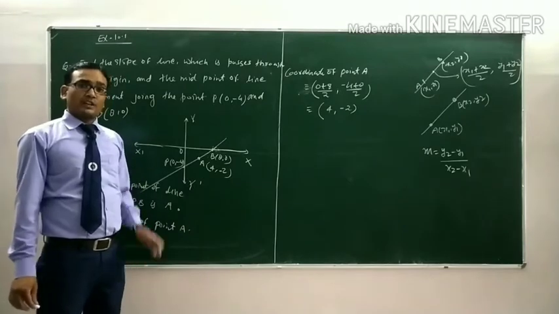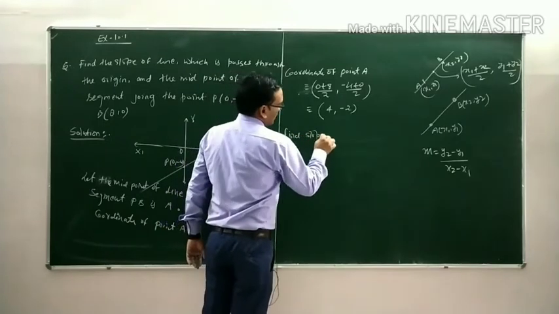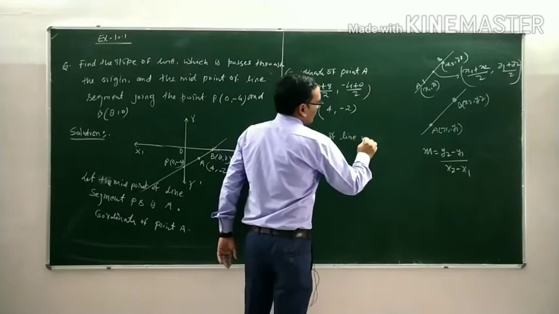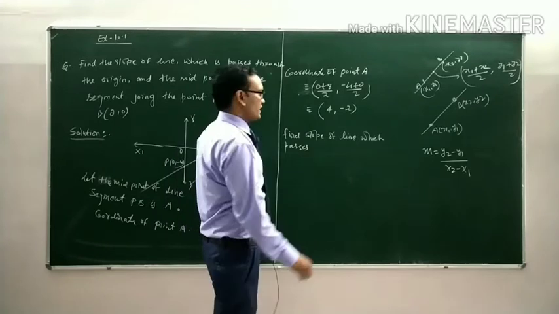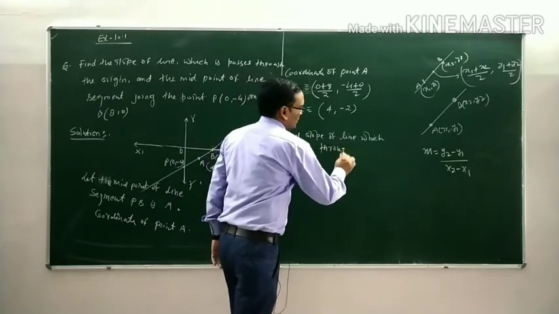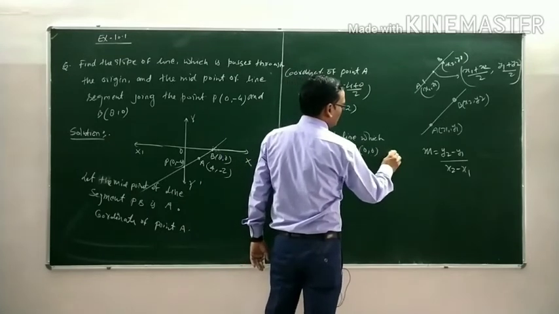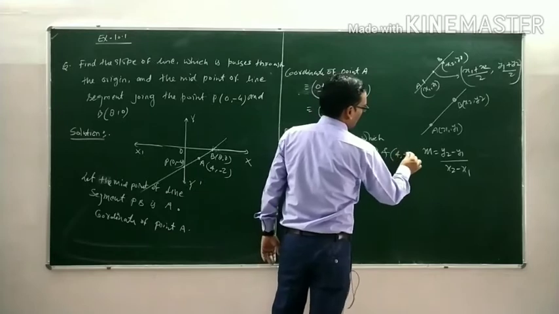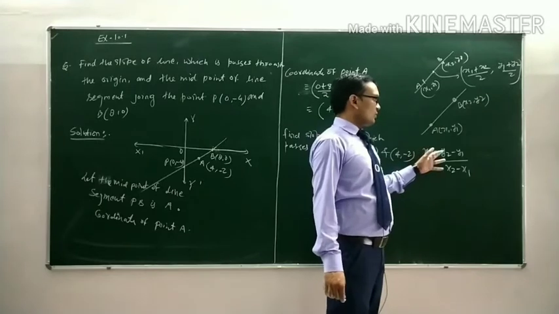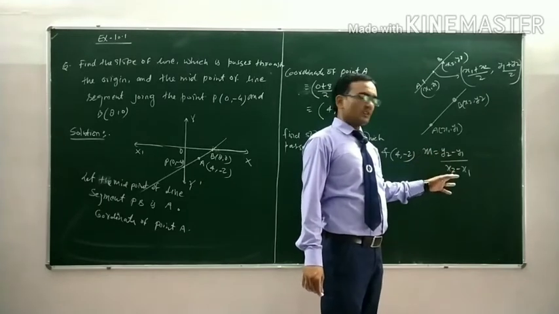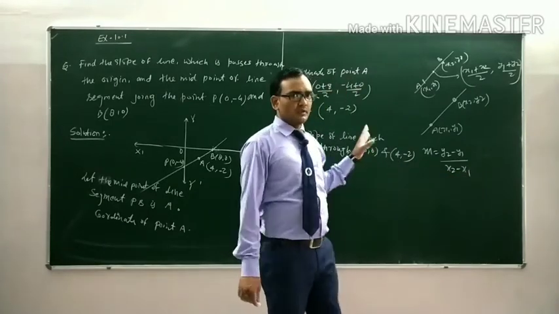Find the slope of the line which passes through the points (0, 0) and (4, -2). Using this formula, m equal to (y2 minus y1) upon (x2 minus x1), we find the slope of the given line.